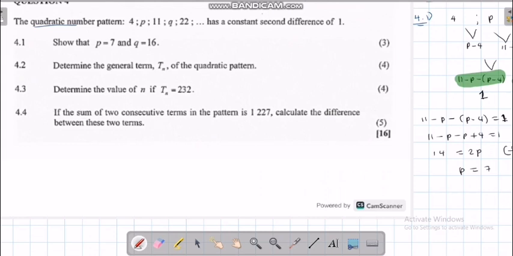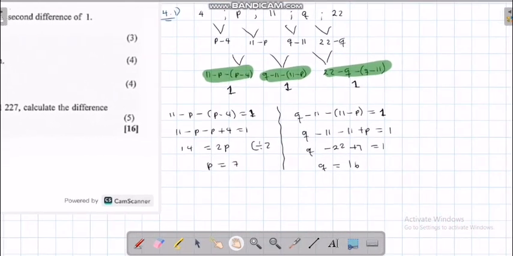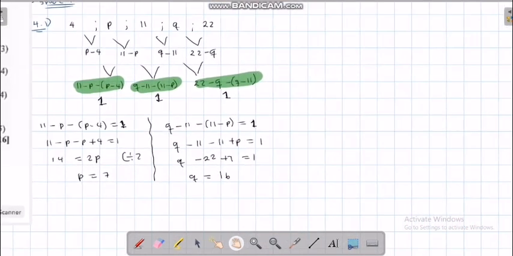4.2. They're saying determine the general term Tn of the quadratic pattern. Okay, so now we'll do this thing. Let me write here 4.2. So now I'll substitute the value of p, so I'll say 4, p is 7, 11, 16, 22.